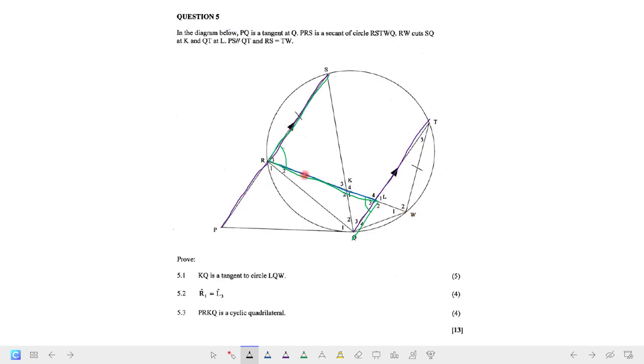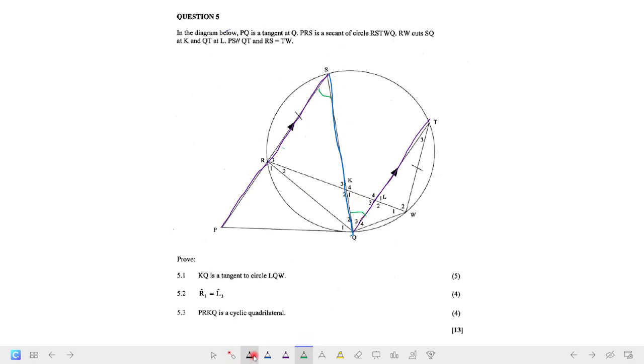So now let's look into another one. Another line that I see here is this one, which is SQ. Now this one forms PSQT, right? Forming PSQT, it means this angle is the same as this one.